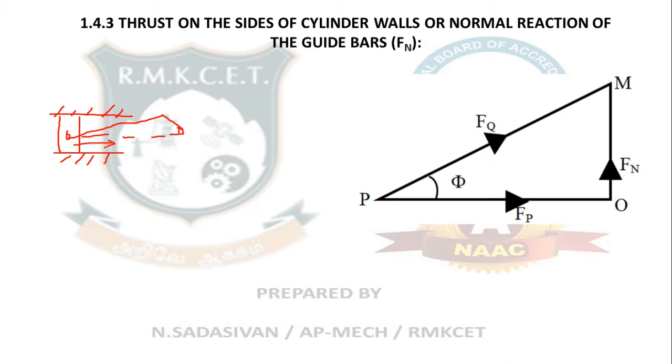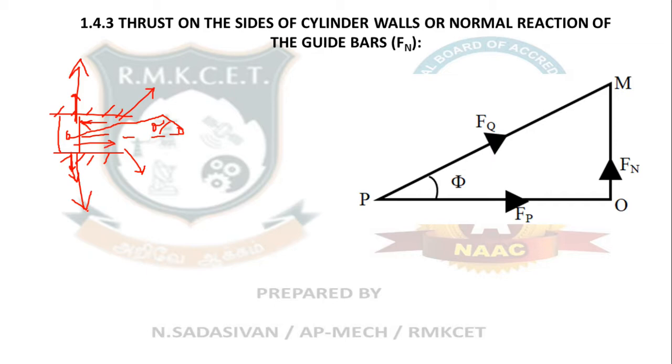So naturally there will be some resultant force pointing outward, which tends to move the piston out of the guideways, either in this direction or alternatively, during some particular position of the piston crank, during some particular value of theta, some force of some magnitude will act on this wall, and at another position a different magnitude. Some normal reaction will always exist, because this reciprocating motion is converted into a rotary motion.